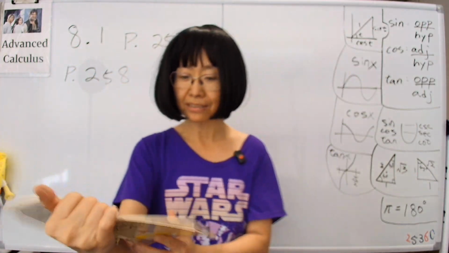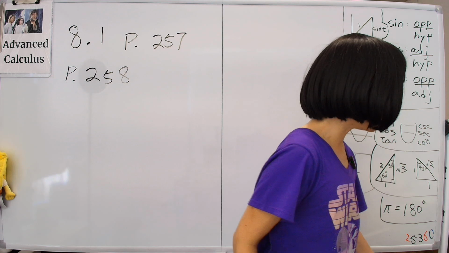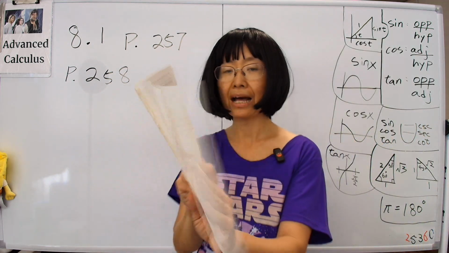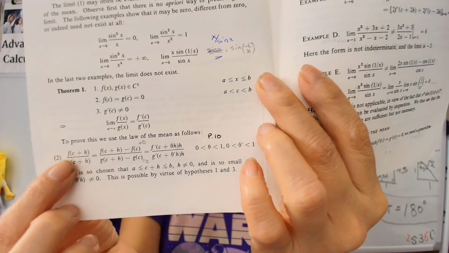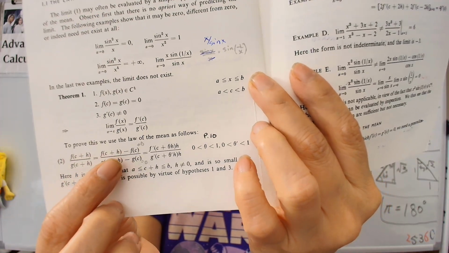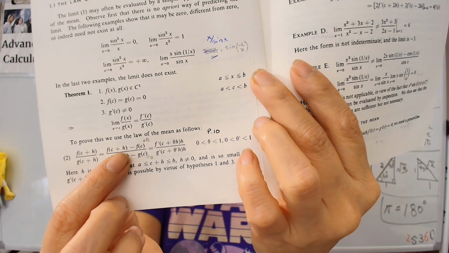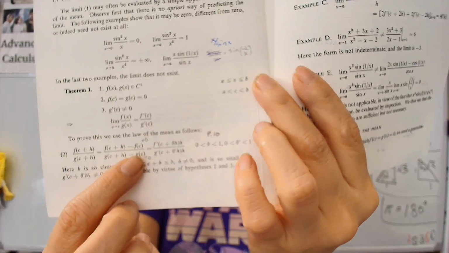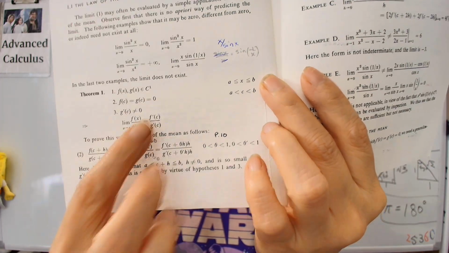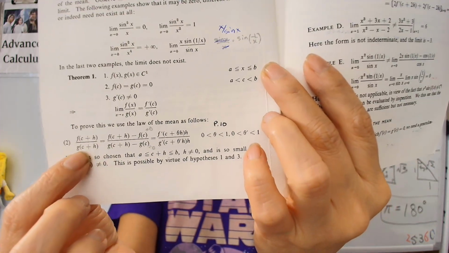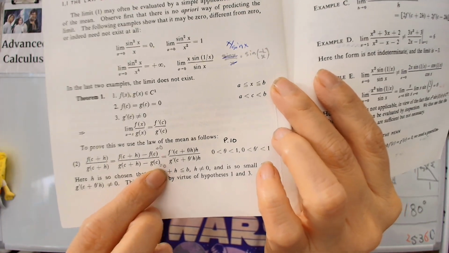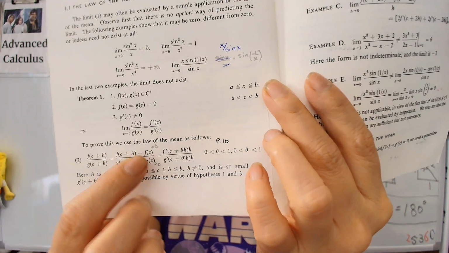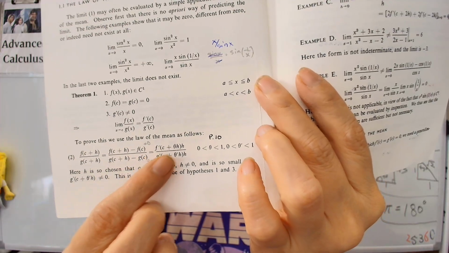Applying that theorem here, we have f of c plus h, which equals f(c plus h) minus f(c), because f(c) is 0, as we said. Similarly, g(c plus h) is g(c plus h) minus g(c), as g(c) is given to be 0. And applying the MVT, we get that f prime business.